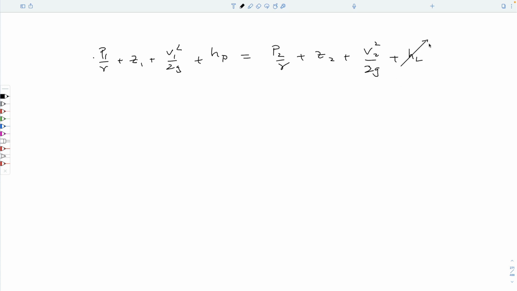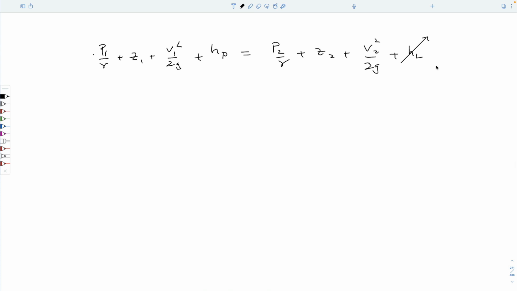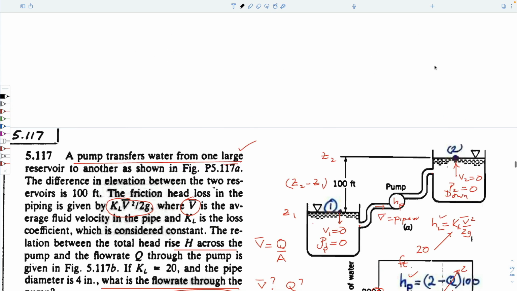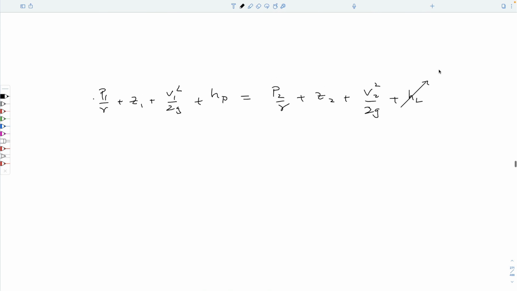HL is equal to, was it 0.3 or is it KL? Remember? 0.3. So this is equal to 0.3 times V1 squared over 2G. This is equal to uppercase W times density times volumetric flow rate times G.